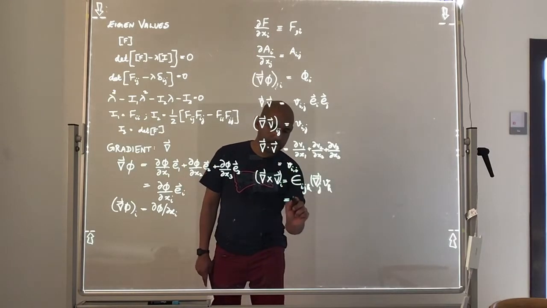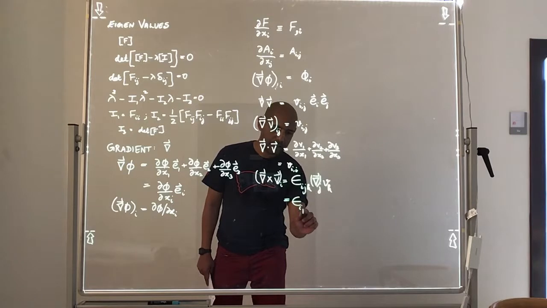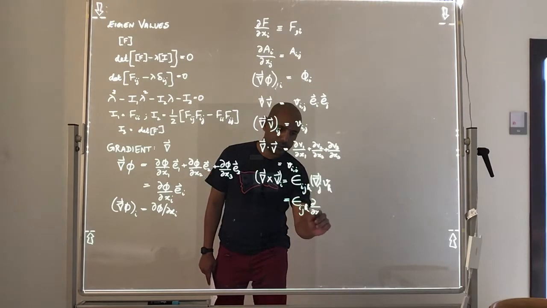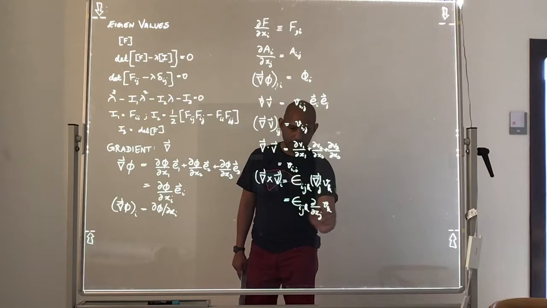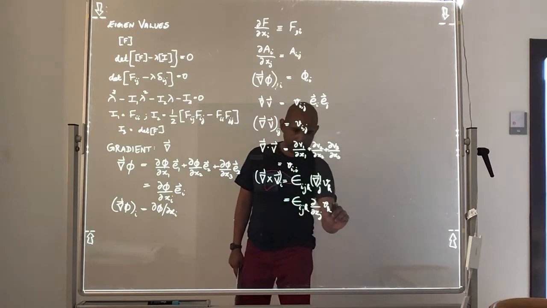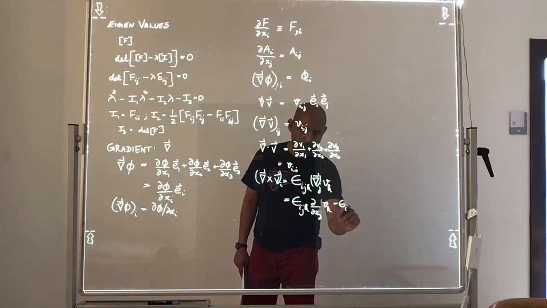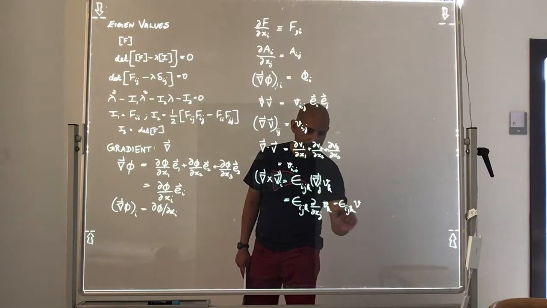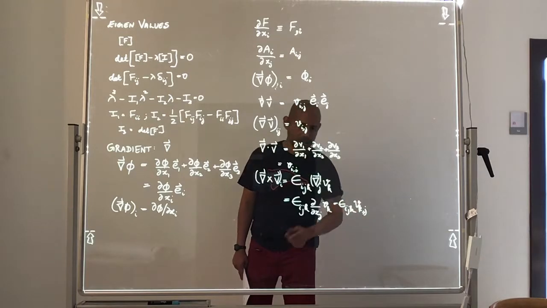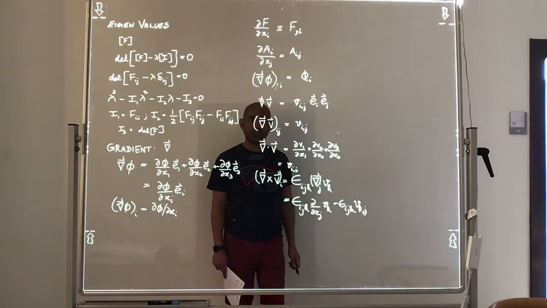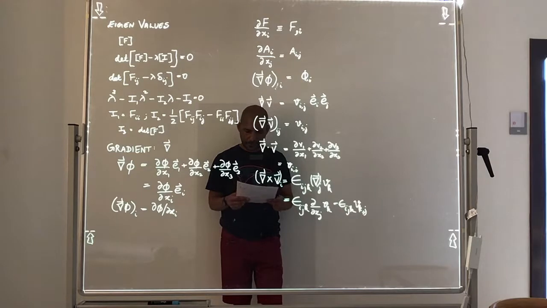So this is epsilon ijk d by dxj of vk. Or, in our index notation, this is epsilon ijk, vk differentiated with respect to xj. So vk comma j.